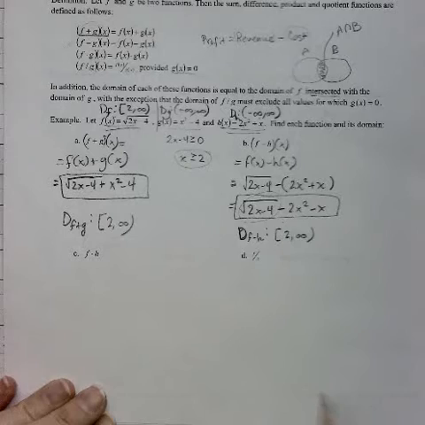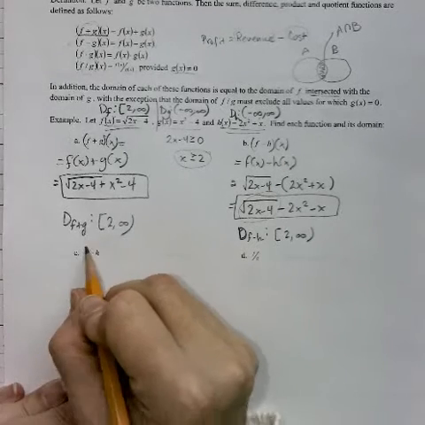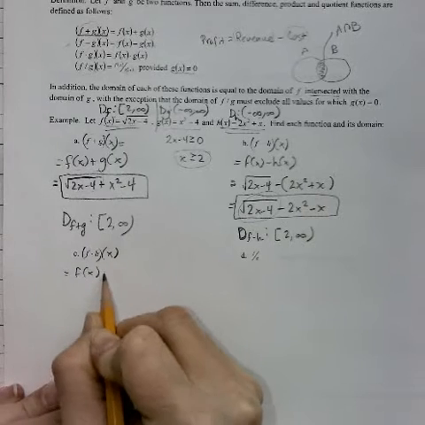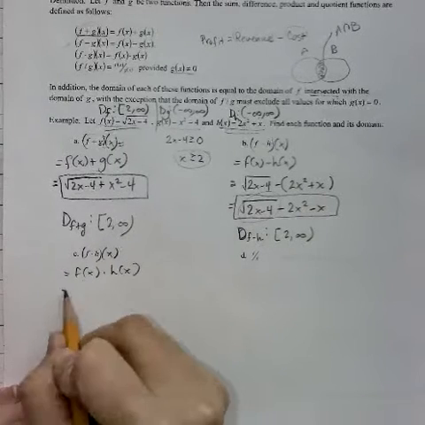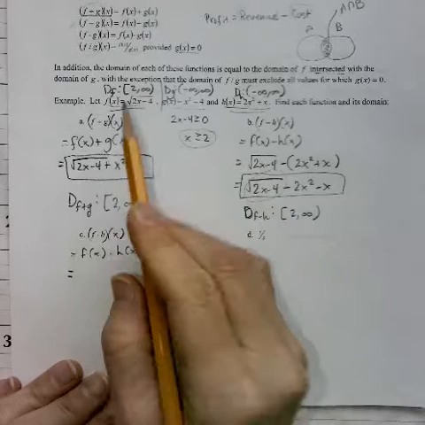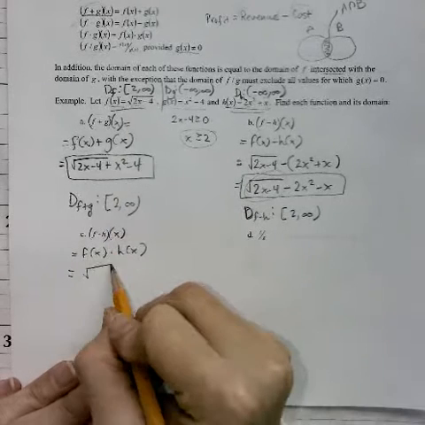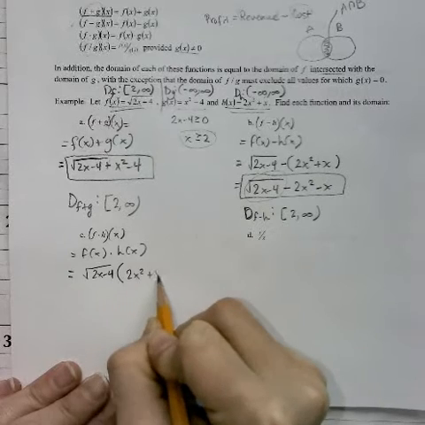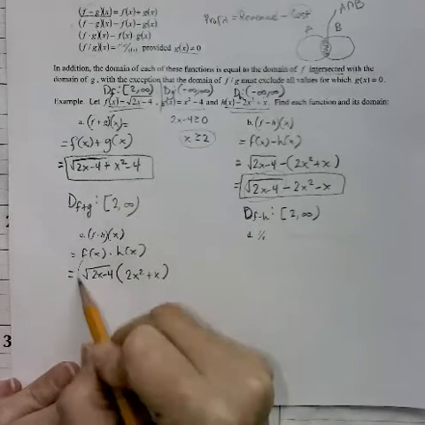So using these two functions again, we need an input, so at x, f at x times h at x. F at x is square root of 2x minus 4, and h at x is 2x squared plus x. So you're taking this times this.